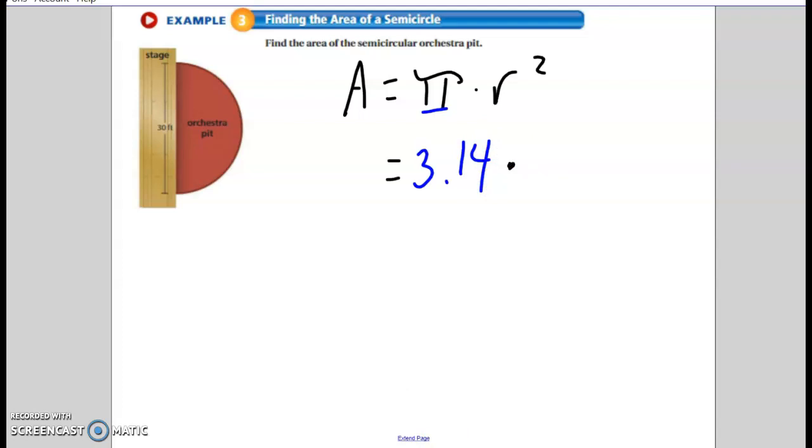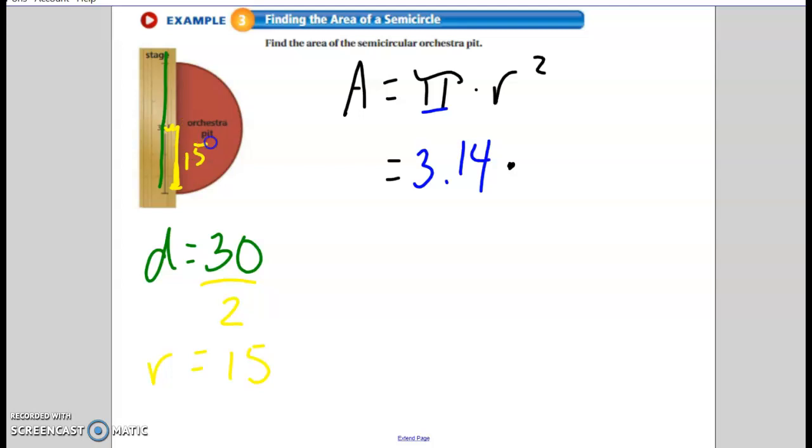Well, over here in my picture, I'm not given the radius, I'm given right now the distance all the way across, which is the diameter. Now if I want the radius, remember, I'm going to cut it in half, and the radius, in this case, is 15. So the radius of this guy is 15. So I'm going to now say times 15 squared. Well, great.